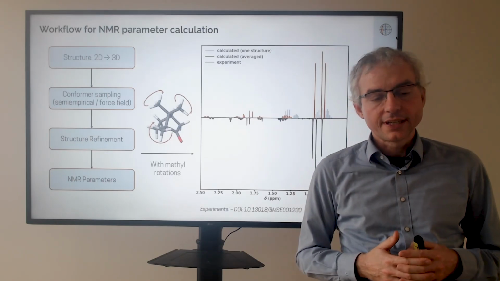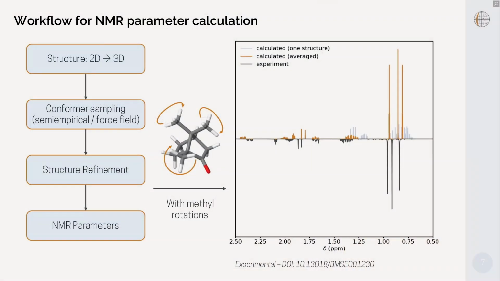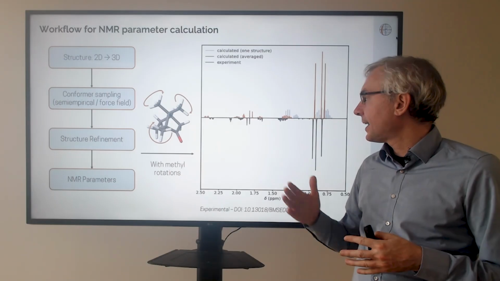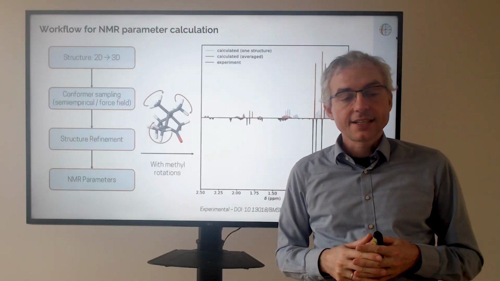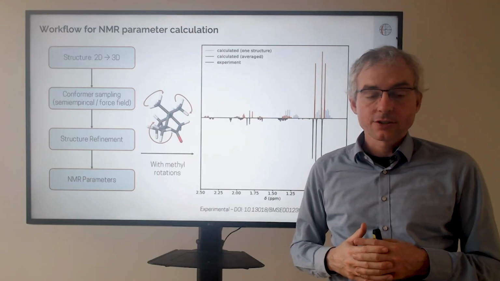Here I show you an example where what we see going downwards in the darker gray are results of an experiment, compared to orange, which are our averaged results where I already calculate the spectrum.